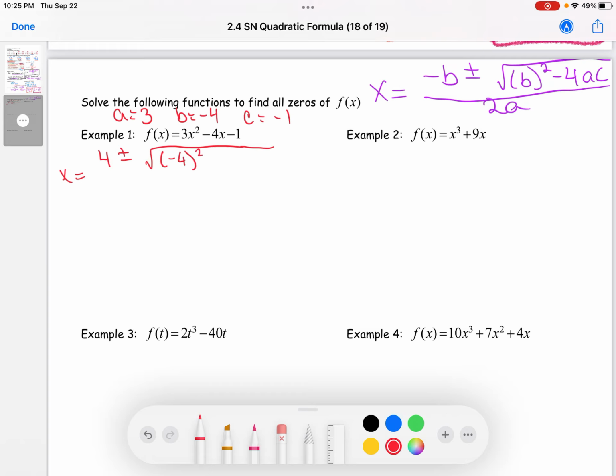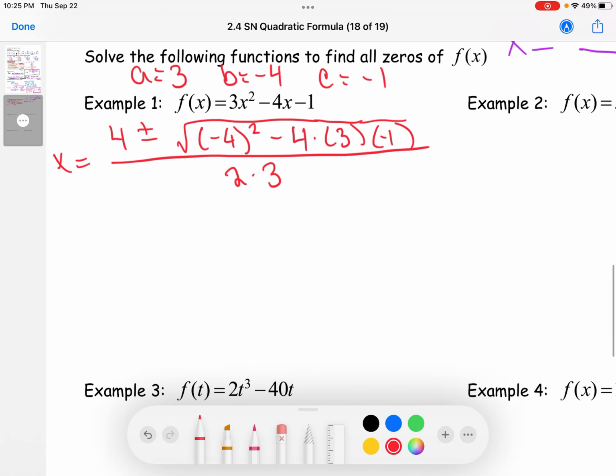Be really careful here. We're squaring all of negative 4. Minus 4 from the formula times a, which is 3, times c, which is negative 1. b squared minus 4 times a times c, and we divide all of that by 2a, 2 times 3.